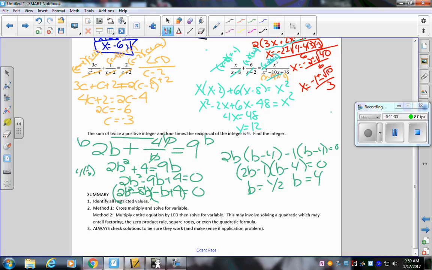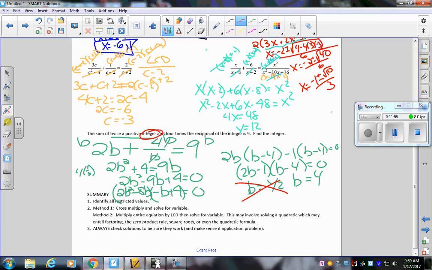And if you plug both these in, they do both work. But even if they did both work, I'm automatically going to reject the 1/2 because if I read the original problem, it says it has to be an integer. So therefore, I'm getting rid of that as a choice because it's not what the problem's asking me for.